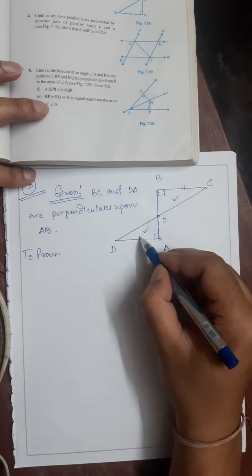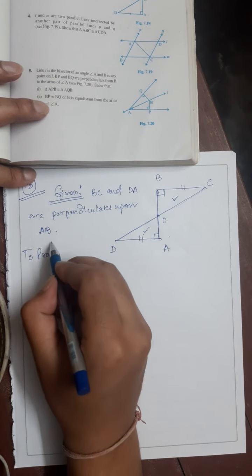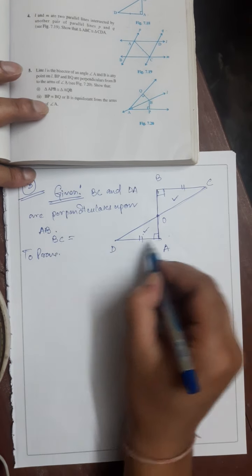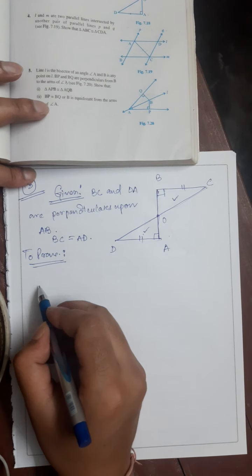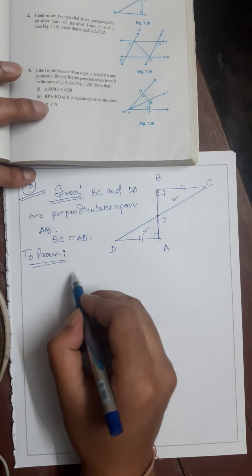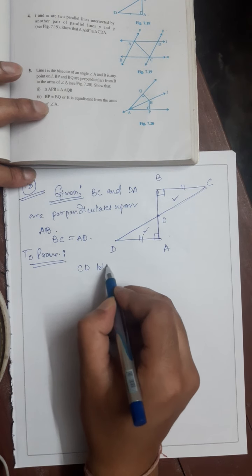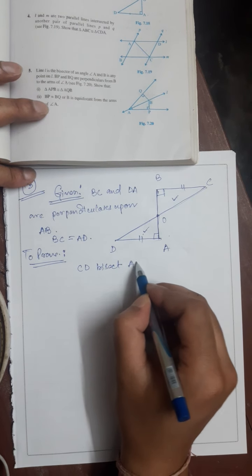Also these two sides are equal. BC is equal to AD. This is also given. To prove, we have to prove that CD bisects AB.